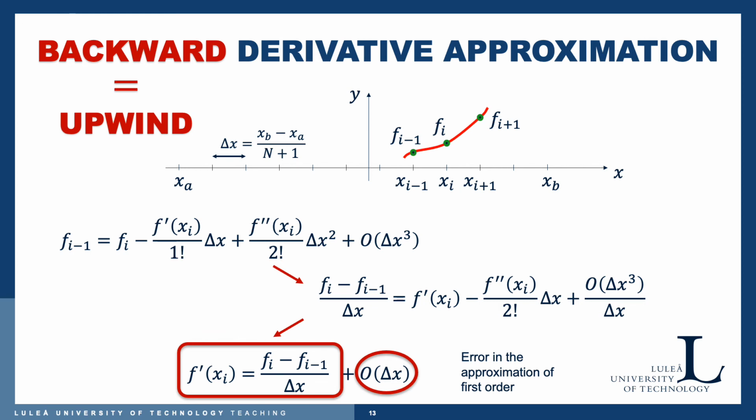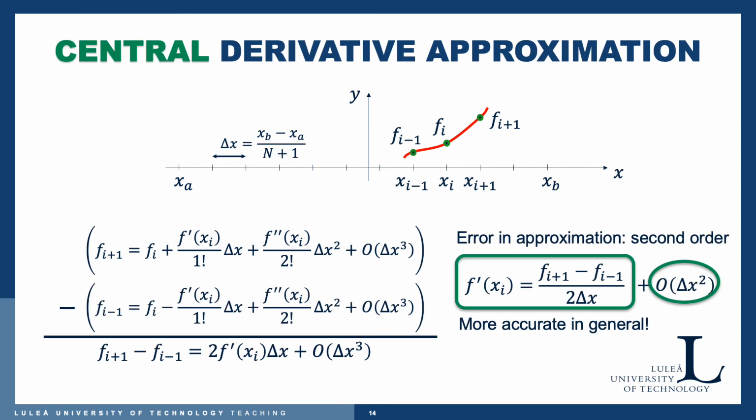A central derivative approximation can be obtained by subtracting the Taylor approximation for the function at the point x_{i-1} from that at the point x_{i+1}. And what we see here, below the subtraction sign line, we get the difference between f_{i+1} and f_{i-1}.